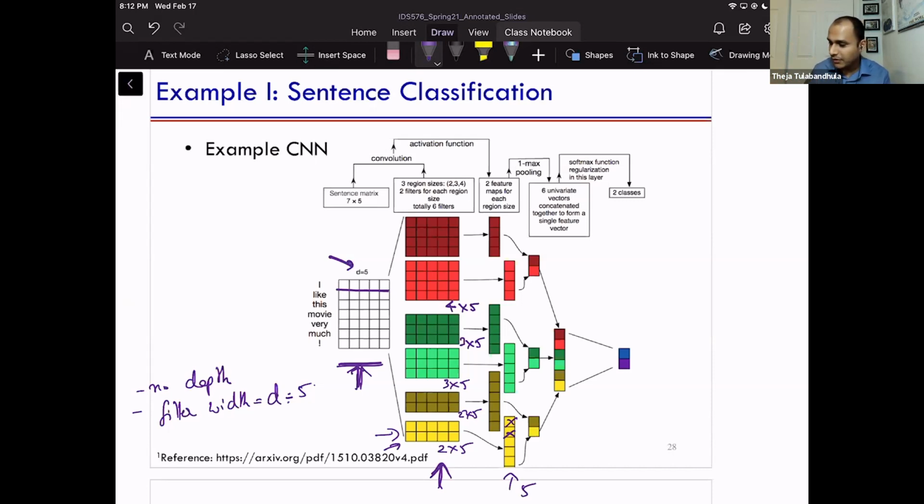Similarly, if you apply this filter, you'll get, actually it should not be 5. 1, 2, 3, 4, 5, 6. It should be a 6-dimensional vector here. Similarly, you get a 6-dimensional vector here. Let me use a different color.